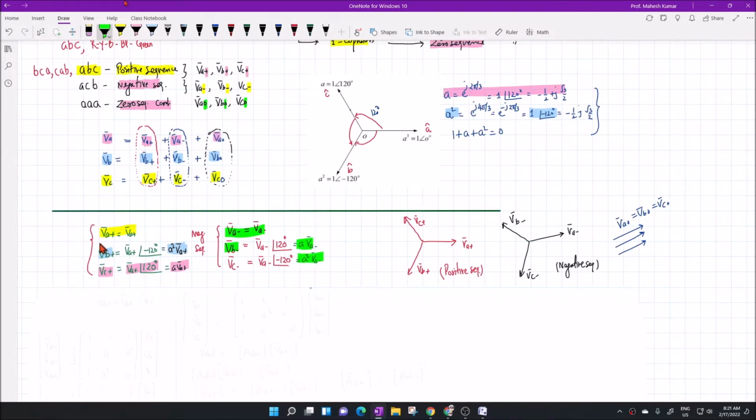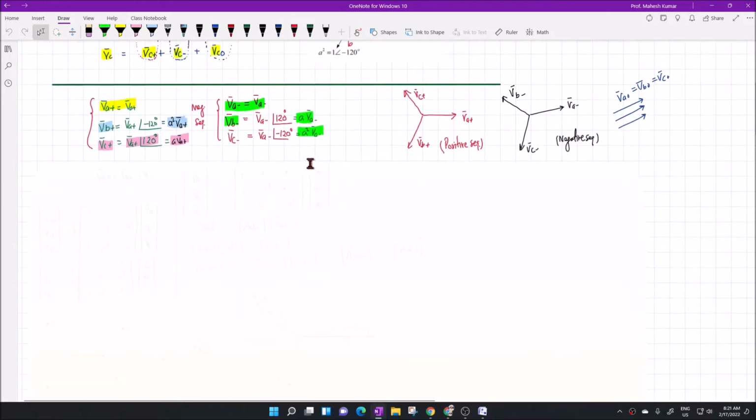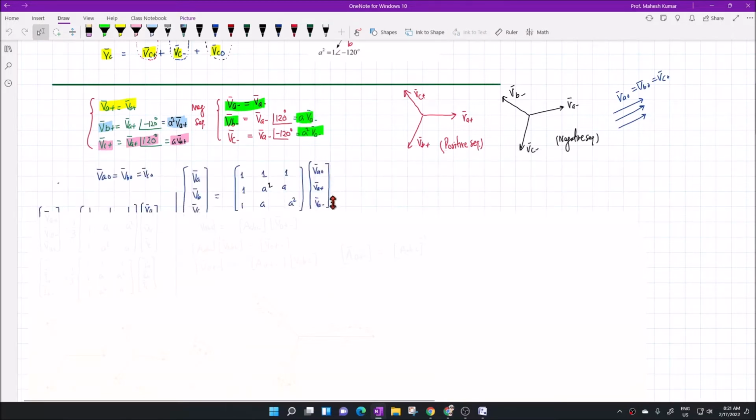So now we know the relationship between the negative sequence quantities, and the co-phasors VA0 equals VB0 equals VC0, as you can see from here. So this is the zero sequence phasor, which is collinear. They are co-phasors and they have the same value as shown here, VA0, VB0, VC0.